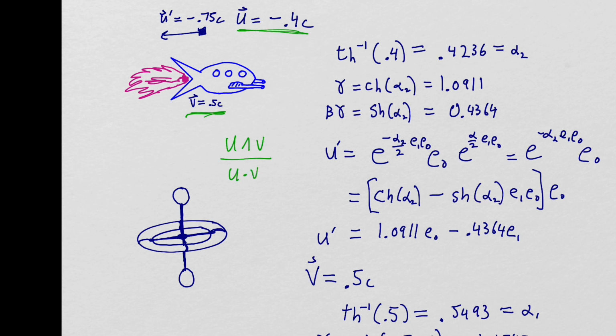This is supposed to be equal to the relative velocity of this object as seen by v. You just take the 4 vector of v, the multivector representing v, which is just a blade 1 object, the multivector representing u, you wedge them, you divide by their dot, and that's supposed to be it. And it's supposed to be it for any frame.